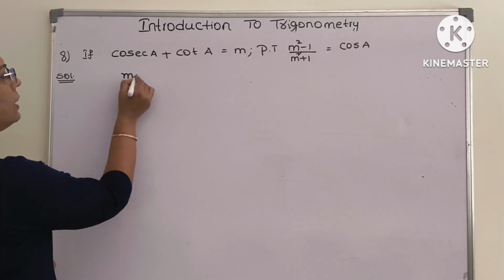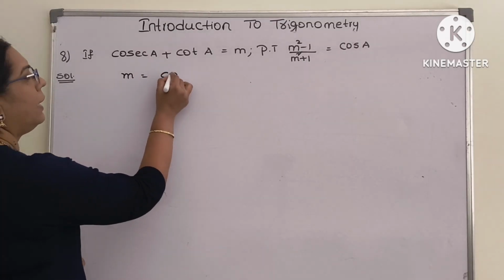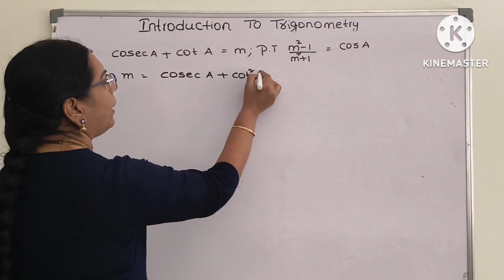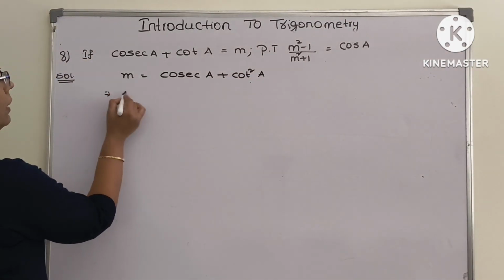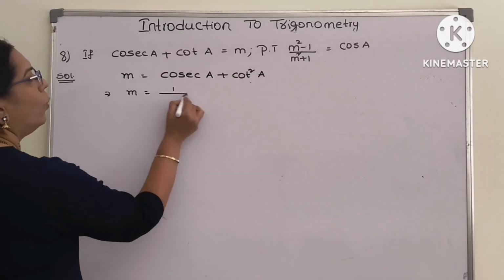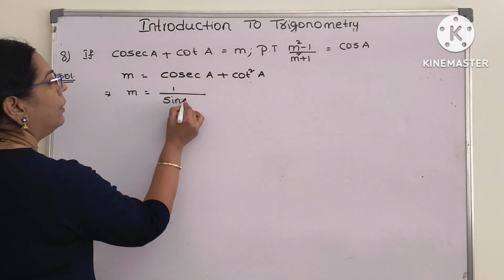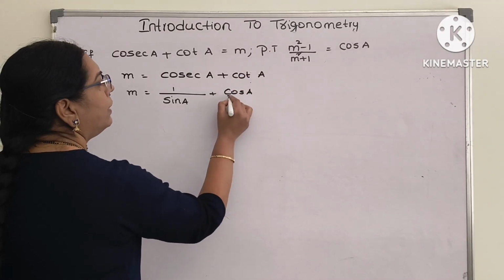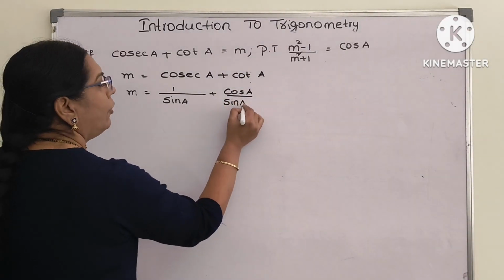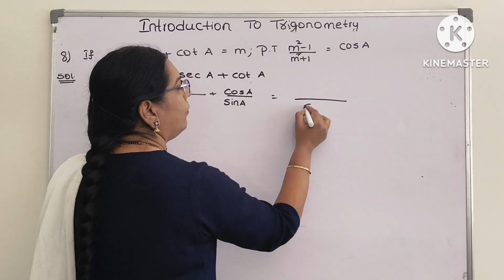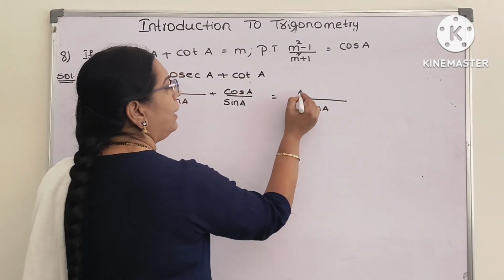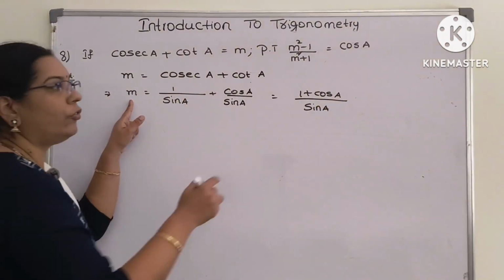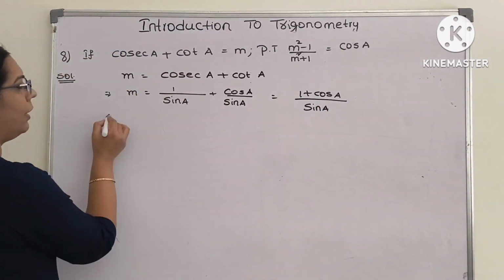Given that m is equals to cosecant A plus cot A, which means m can be written as 1 by sin A plus cos A by sin A. If you take the LCM, it will be sin A. You can write it as 1 plus cos A. Value of m is 1 plus cos A by sin A.